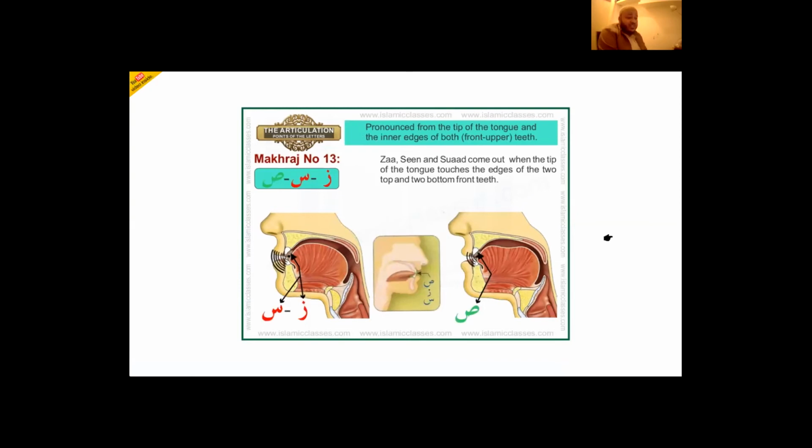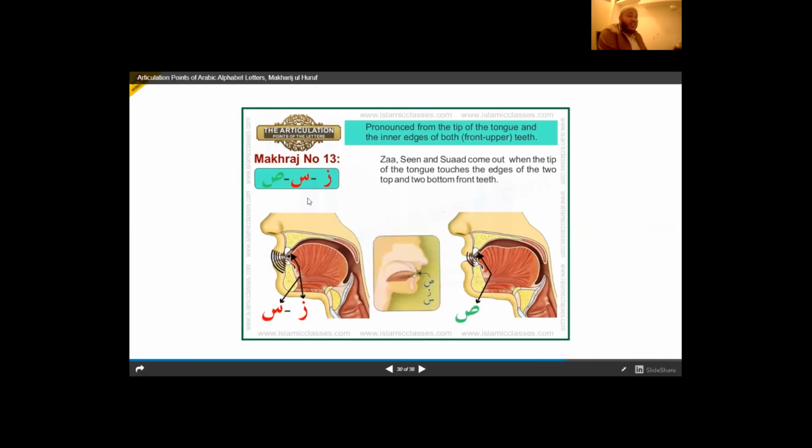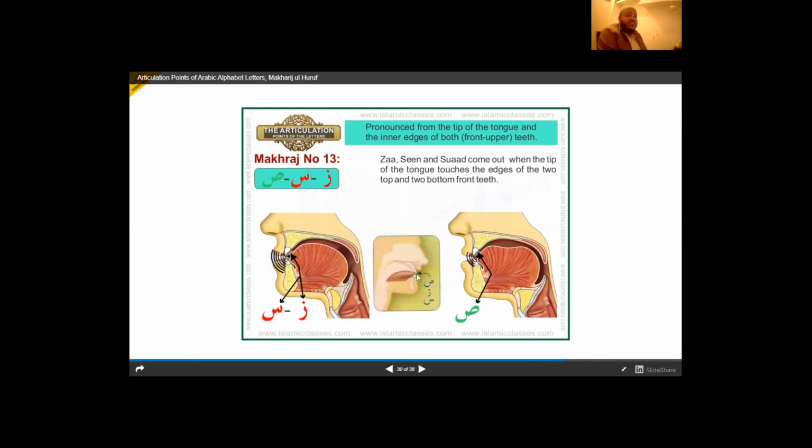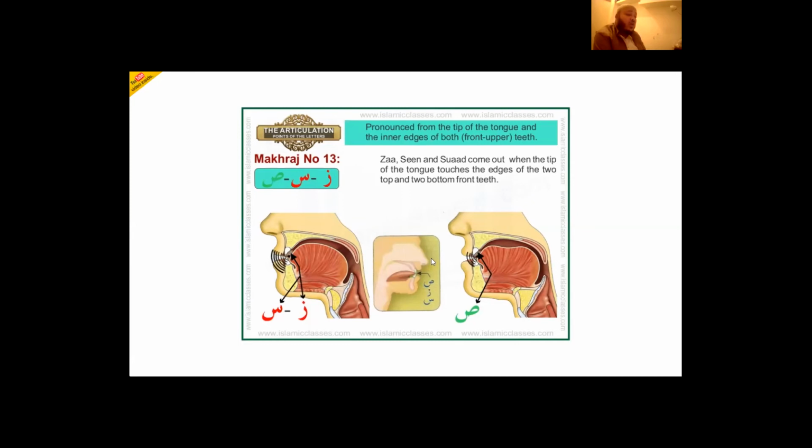We're almost there now. Then we have the letters sad, sin, za. What you find all similar here is that the teeth are closed. What's the difference between sad and sin? The difference between them is open mouth and closed mouth. Sin.